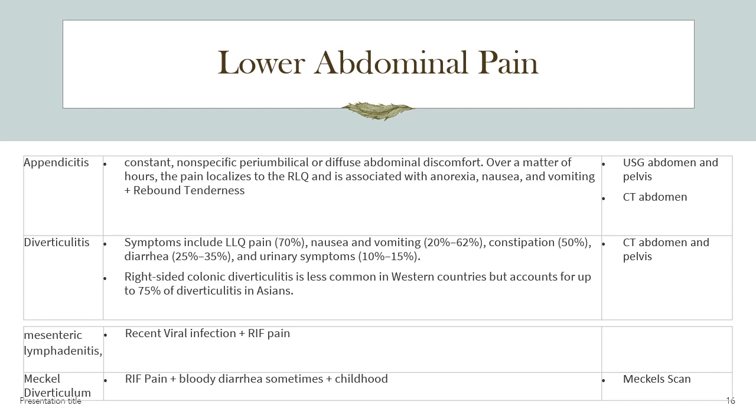Second thing is diverticulitis, especially in older people. Diverticulitis is the common differential of appendicitis in patients presenting with lower abdominal pain. The symptoms include left lower quadrant pain, which is common in 70% of cases, nausea, vomiting.